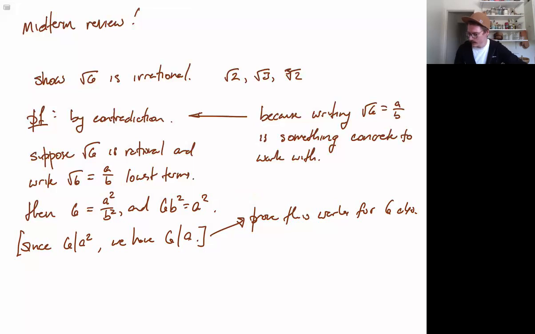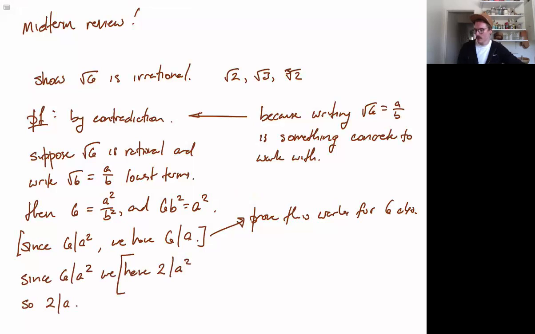Another strategy is, since 6 divides a squared, we have 2 divides a squared, because 2 is a factor of 6. So 2 divides a. And now we're running with essentially the same argument we've used in the past.